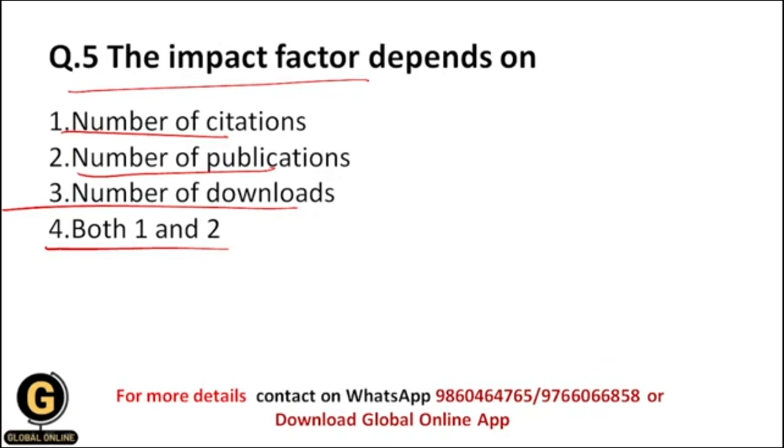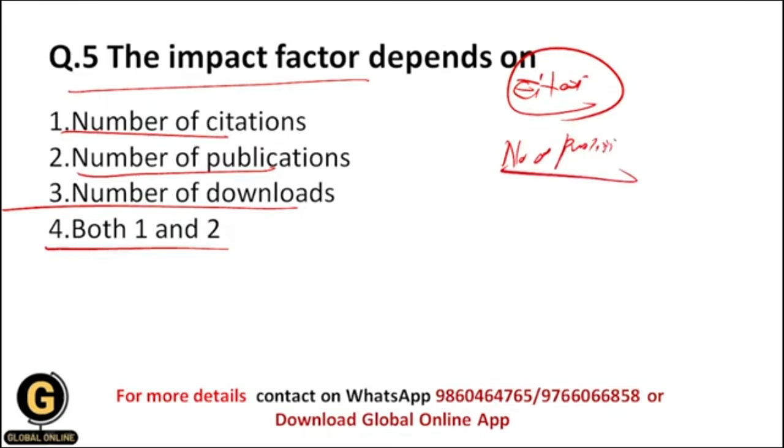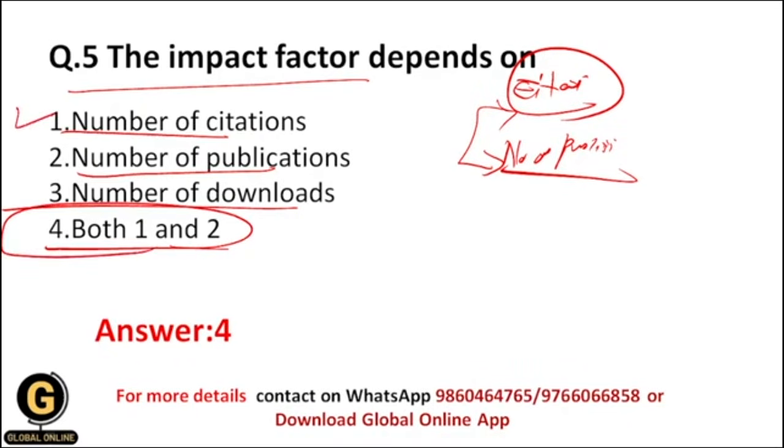That's why here we consider the number of citations as well as the number of publications. Okay, and that's why your correct answer for this question should be 4, 1 and 2, because the number of citations and the number of publications both play an important role in deciding the impact factor of a particular journal.